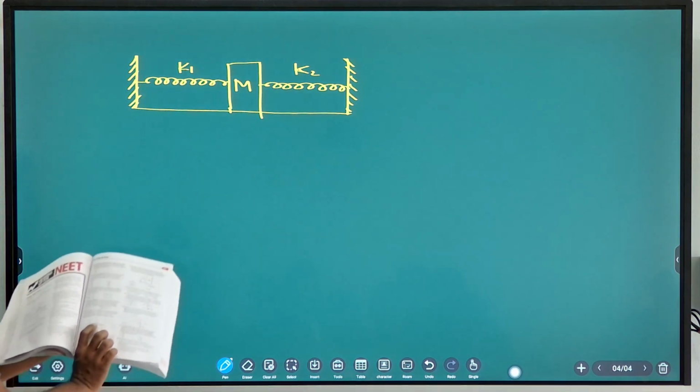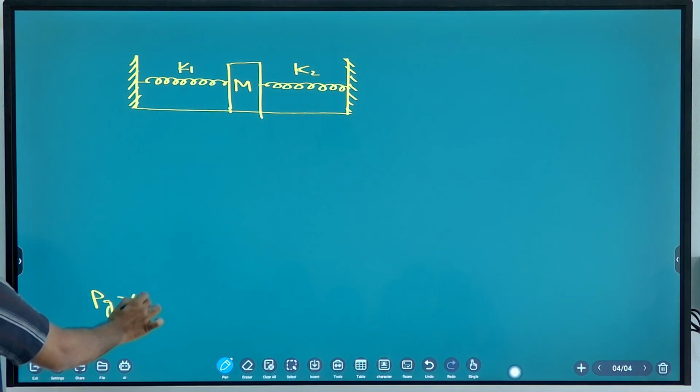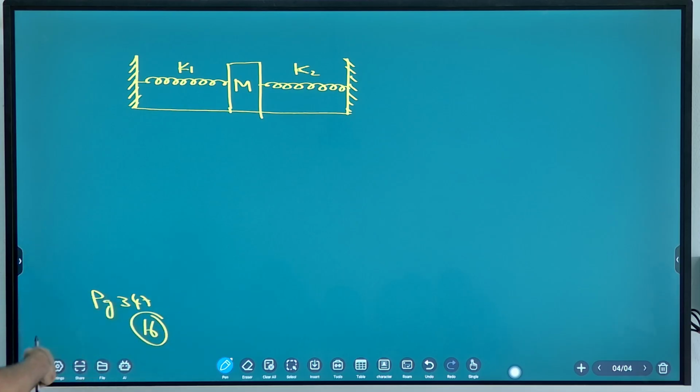Page 347, question 16. We will come to this, but before this, I want to explain what is going on here.